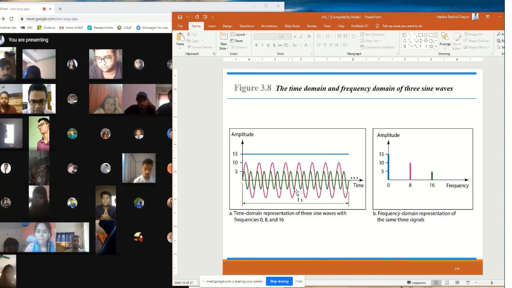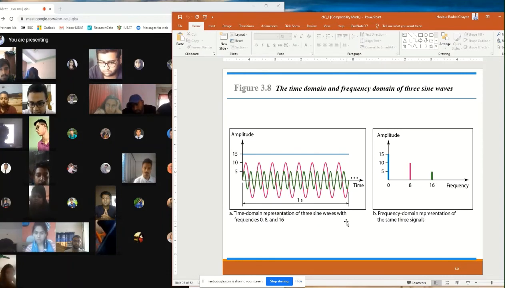For example, here we have three frequencies, and we also have three frequencies on B. Both of them are exactly the same. Let's see how it is the same.